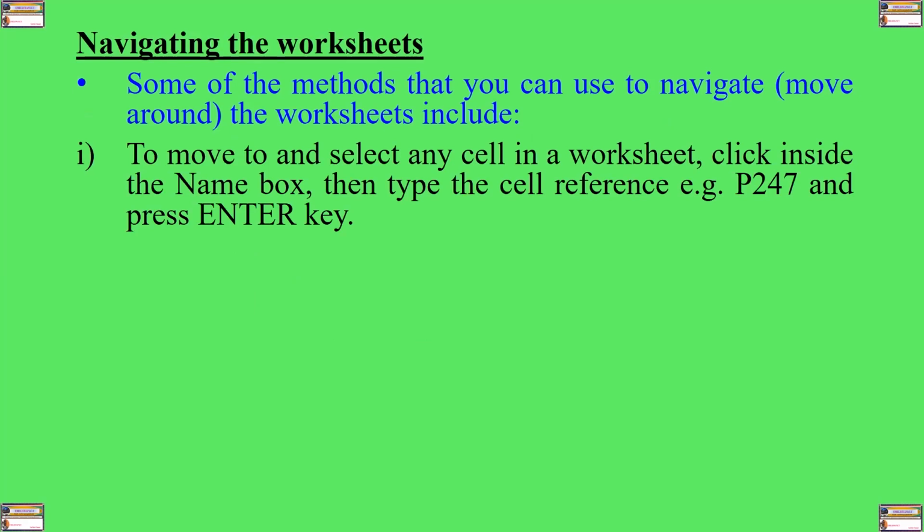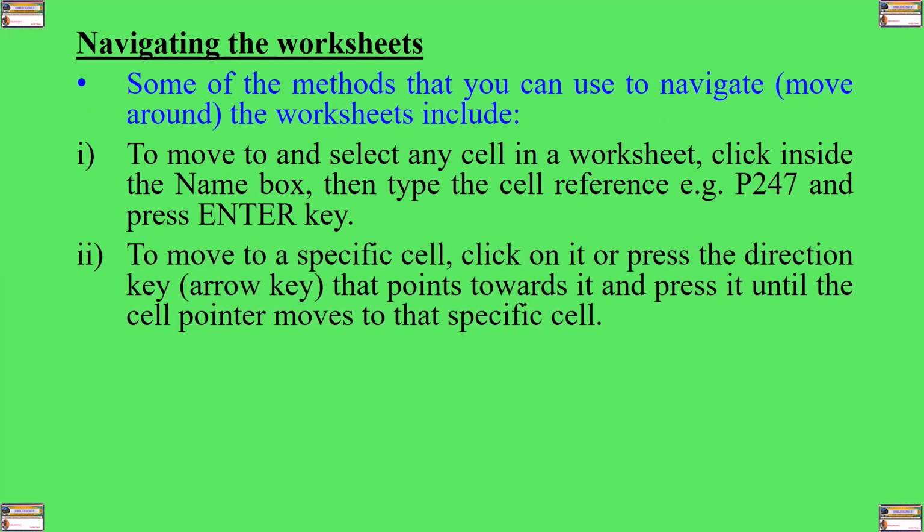1. To move to and select any cell in a worksheet, you just click inside the name box, then type the cell reference. For example, P247, and then you press enter key.